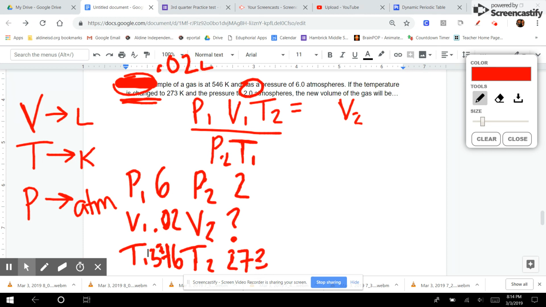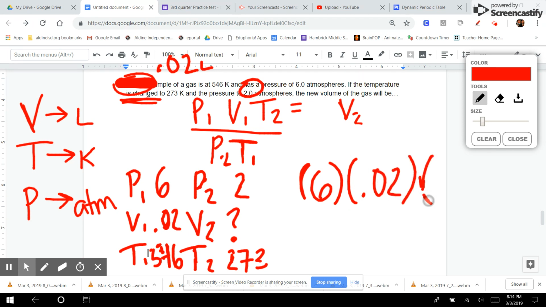Okay, ready to do step three, where we're going to plug it in to the rearranged formula. P1, 6, V1, 0.02, T2, 273. Be very careful there.